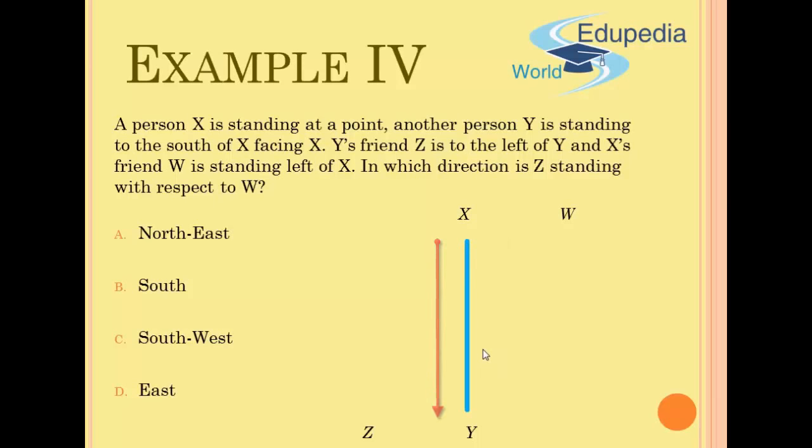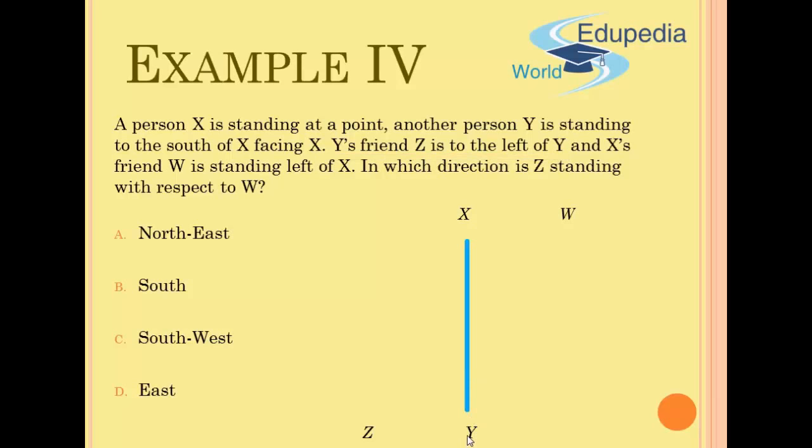Now this question asks us to apply our knowledge of the relative positions of left and right. We come to know that Y's friend Z is to the left of Y. Now Y is facing north.